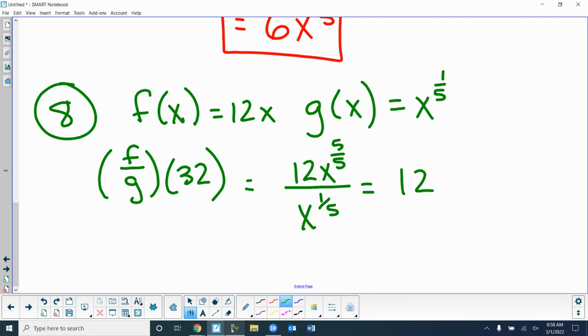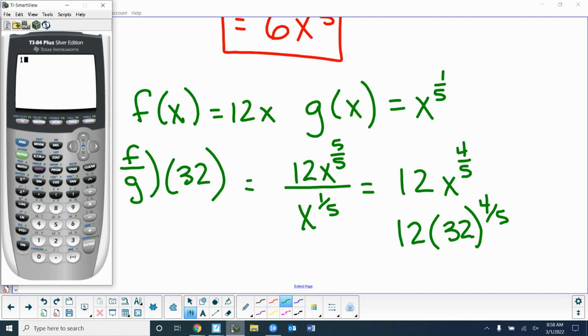And what do you do with the exponents now? Subtract them. 5/5 minus 1/5 is 4/5, right? Now we're supposed to do what with the x? Put the 32 in there, right? So go to your calculator.